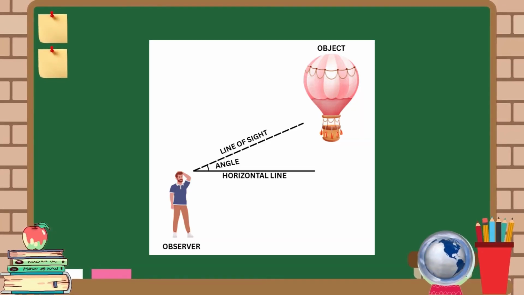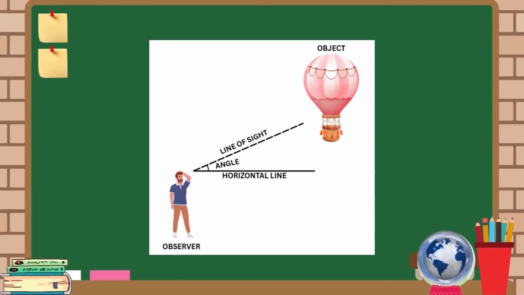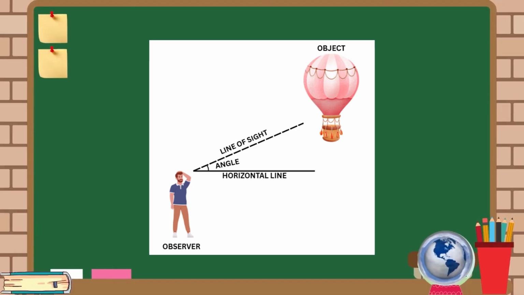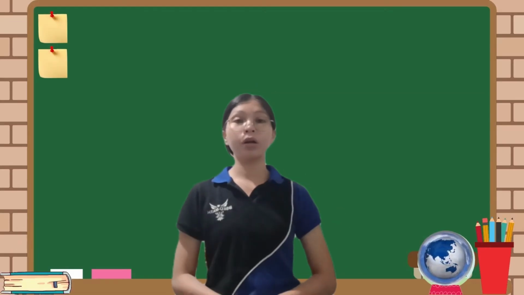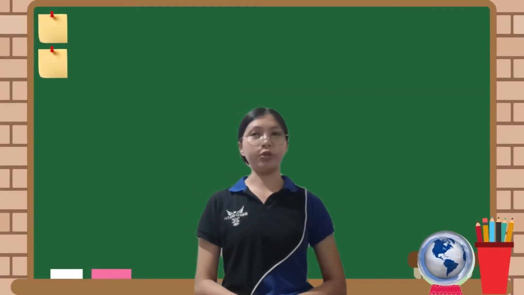The key parts are the observer, the object, the line of sight or the invisible line from the observer's eye to the object, the horizontal line based on the observer's eye level, and finally, the angle itself formed between the horizontal and the line of sight. So, let's differentiate this formally for our notes.